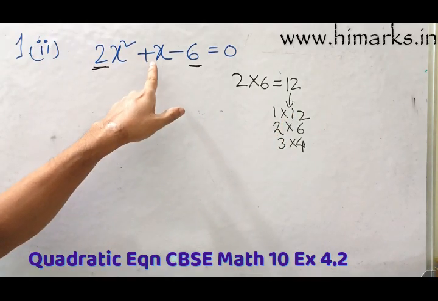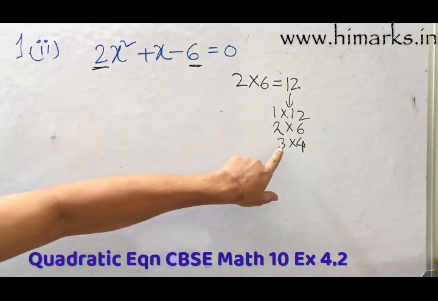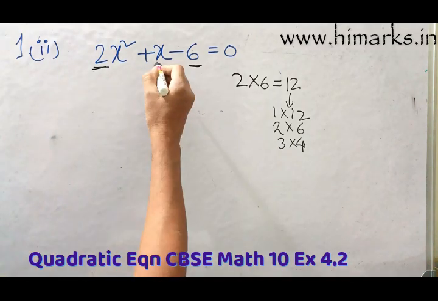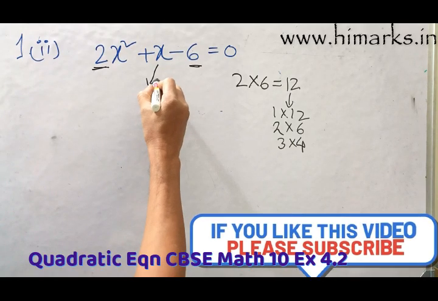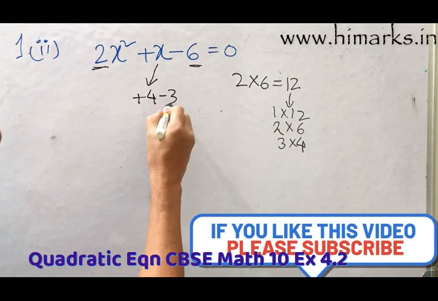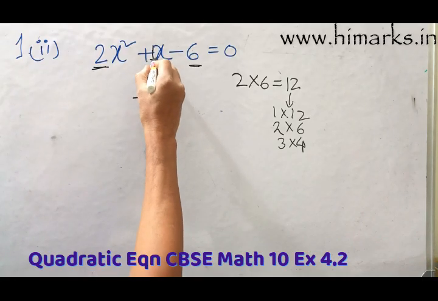How can it give it? We have to get plus 1, so this plus 1 has to be broken in such a way. Plus 4 minus 3 can give plus 1 here.